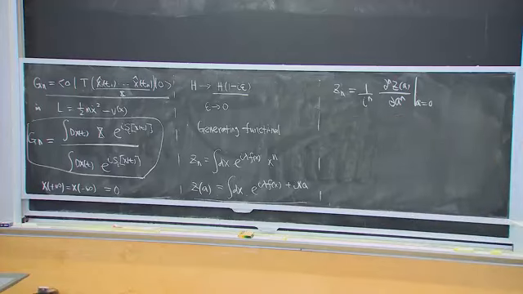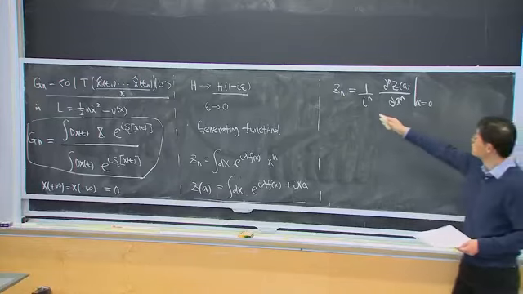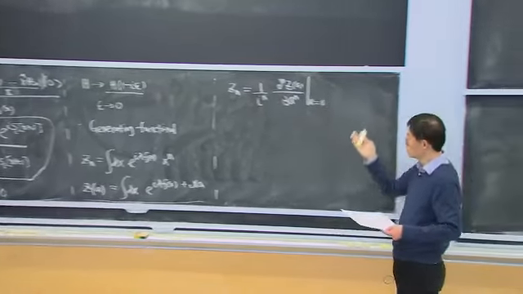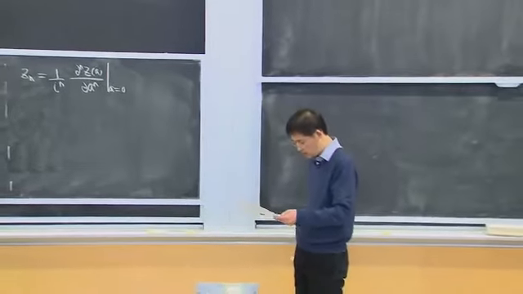So if you know how to compute the Z(a), then you only need to take derivatives to get I_n. Taking derivatives is much easier than doing integrals.